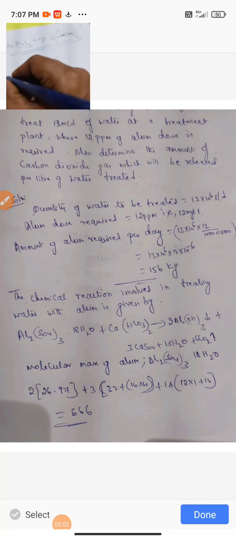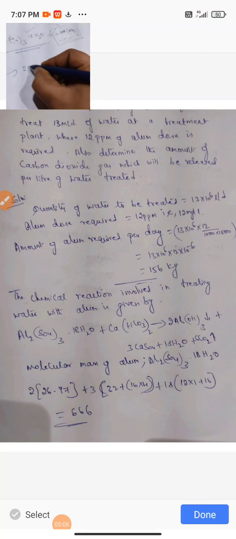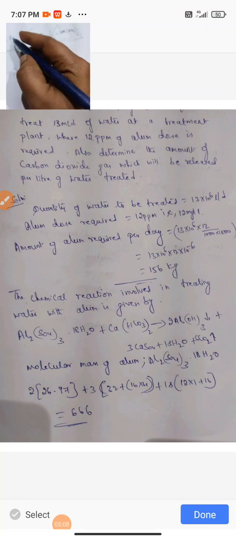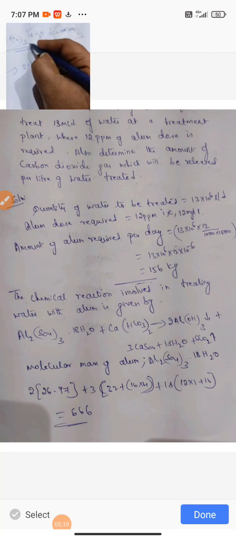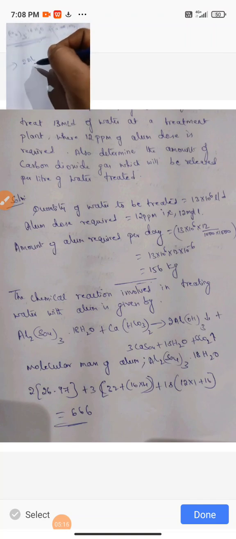So what is the reaction? Aluminium sulfate, Al2(SO4)3·18H2O, we call it alum.